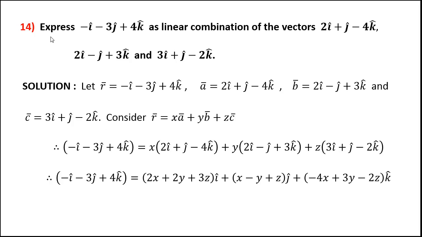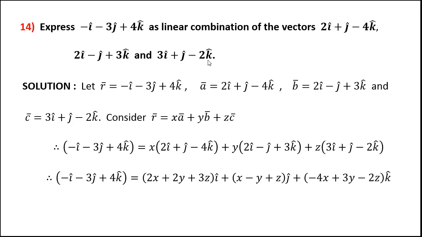Express the vector minus i minus 3j plus 4k as a linear combination of these three vectors. Express this vector as a linear combination of the given three vectors.